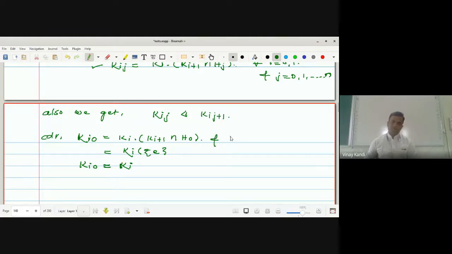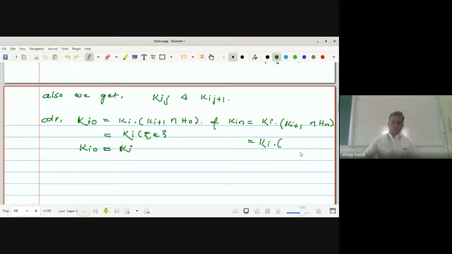And what is Kin? From this formula, Kin is Ki into Ki plus 1 intersection Hn. Hn is equal to G, so Ki plus 1 intersection G is equal to Ki plus 1.